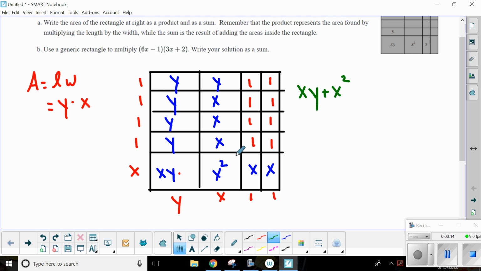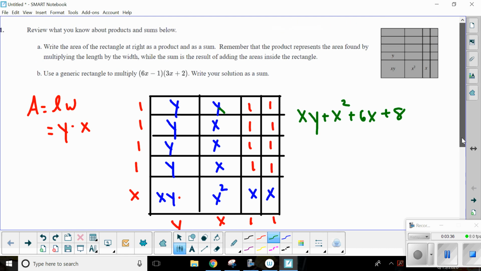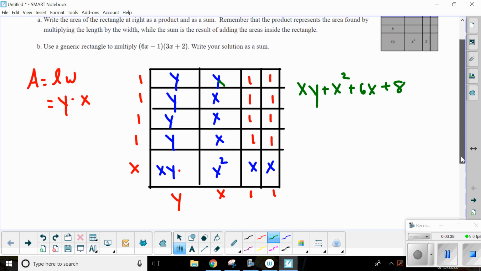I've got 1, 2, 3, 4, 5, 6 x's. That is an x, by the way. So I've got 6 x's. And I've got 1, 2, 3, 4, 5, 6, 7, 8 1s. And that's going to be 8. So that's writing the area in terms of a sum.